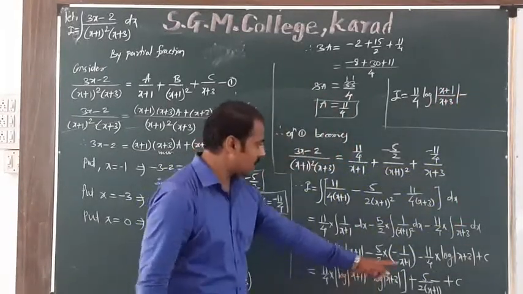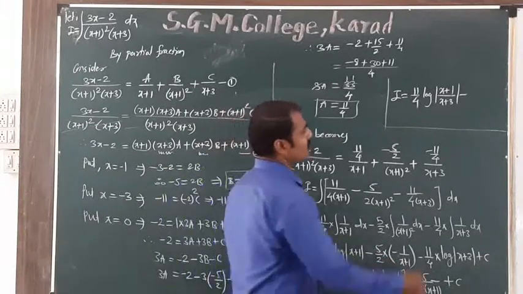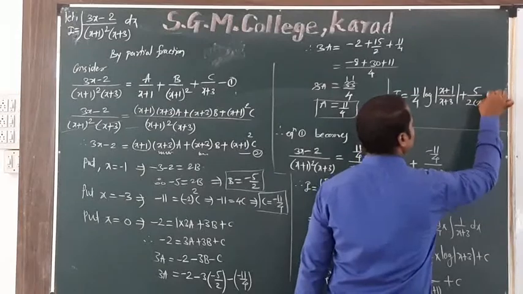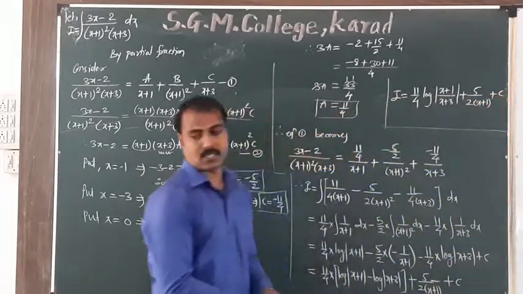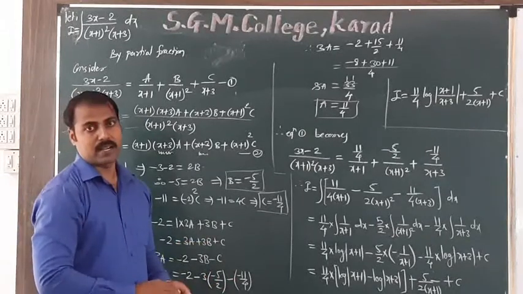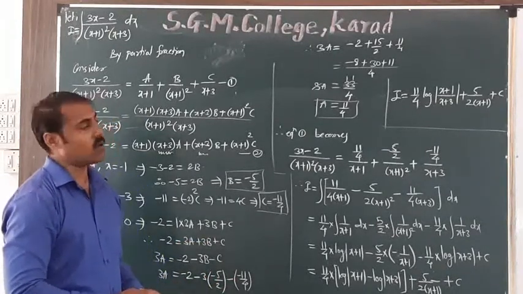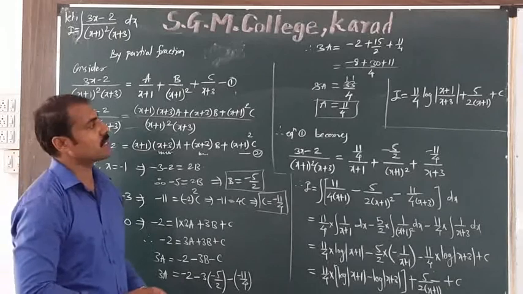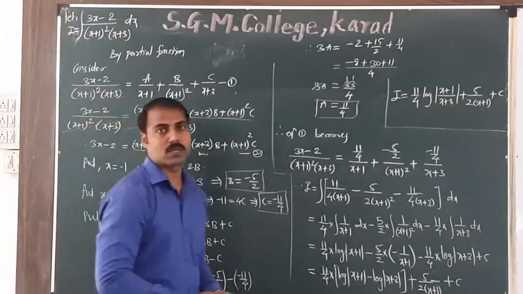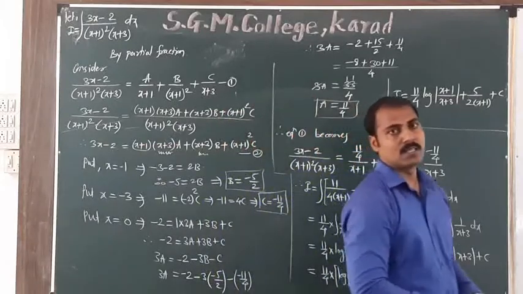Here minus minus becomes plus, plus 5 by 2 into x plus 1 as it is, plus constant of integration c. Here is the answer of the given question: 11 divided by 4 into log of mod of x plus 1 divided by x plus 3 plus 5 divided by 2 into x plus 1 plus constant of integration c.